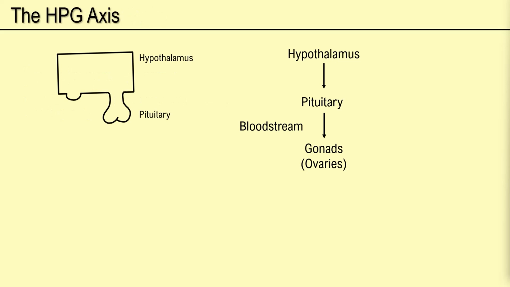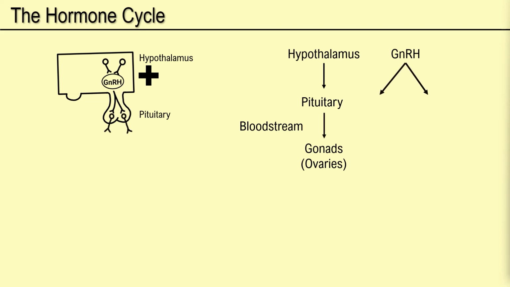So on this image we can see the hypothalamus and the pituitary gland over to the left. Remember, this is in the brain. There are 2 types of neuron or brain cells in the hypothalamus that secrete a hormone called gonadotropin releasing hormone. This GnRH then travels to the anterior pituitary gland and acts on a couple of different neurons there. These neurons in the pituitary gland are going to start secreting a classification of hormones called gonadotropins.